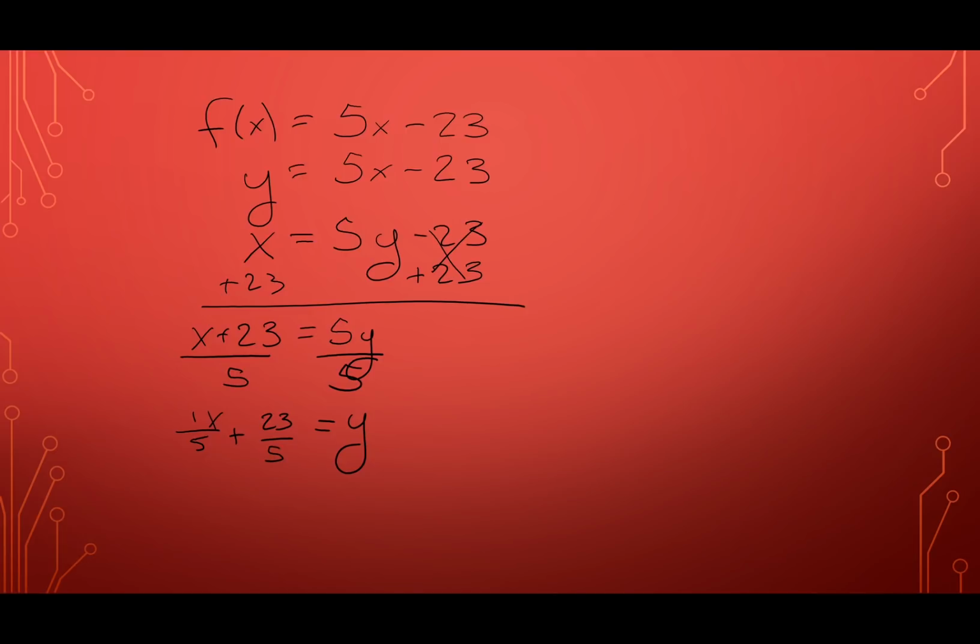And if 5 doesn't go in evenly, by all means, just leave it as a fraction, 23 over 5. And you are done. Now this is in y equals mx plus b. And you could graph this. It's not an easy thing to graph because of that fractional starting point, but it is graphable.